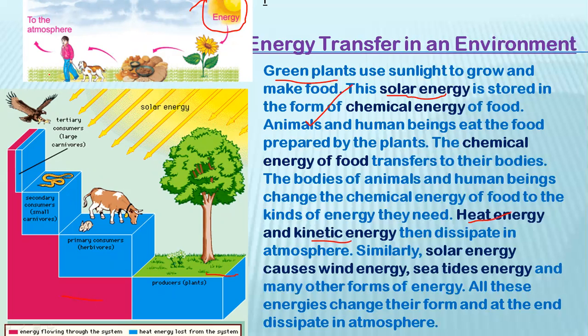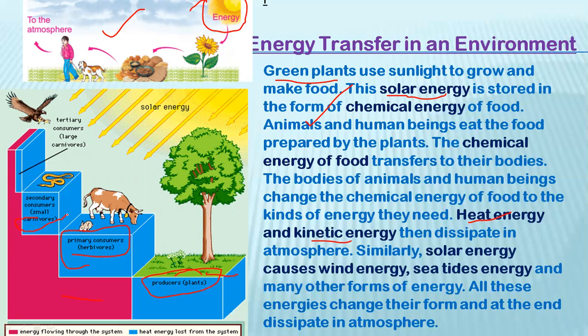And here you can see the picture of your book, and here is another picture in which you can see that solar energy is coming into the atmosphere and onto the earth. Plants use it for making food. That's why they are called producers. Then these plants are eaten by other animals. These are called primary consumers, for example, cow, goat, and then we eat them or other animals eat them.